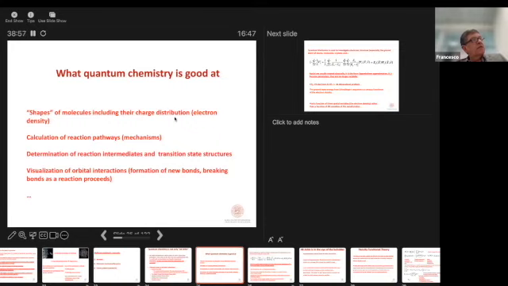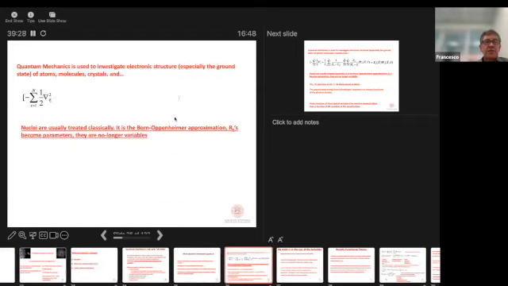Usually we go to the wet lab, we put up a reaction, we know the reactants, we know the products, but what happens in between has to be understood, because usually in chemistry, reactions don't go 100%. So there are also all sorts of side products. We can determine reaction intermediates, transition states, and the approach is very good to understand the molecular orbitals.